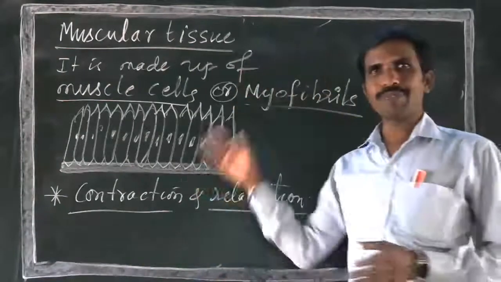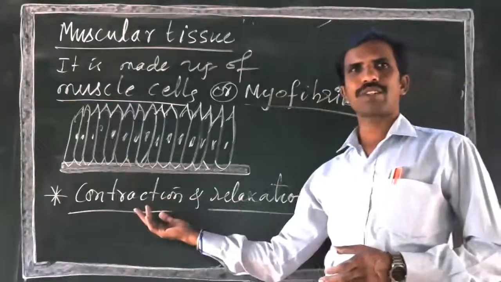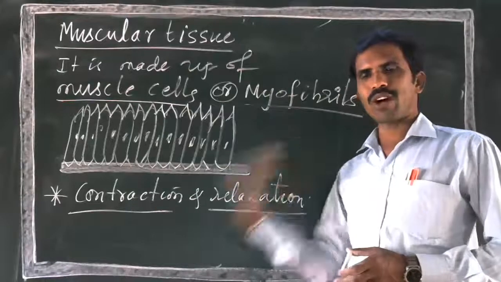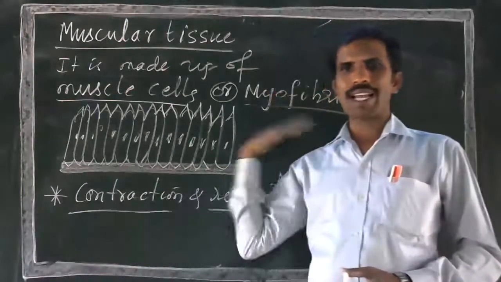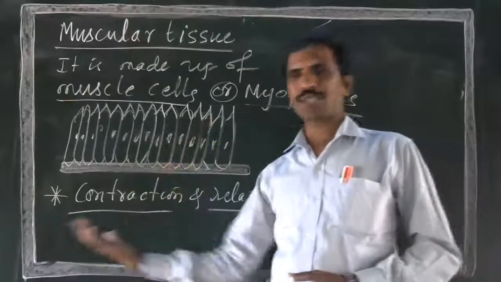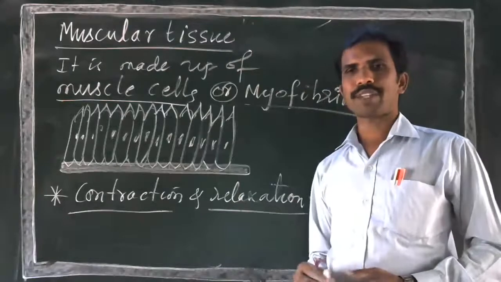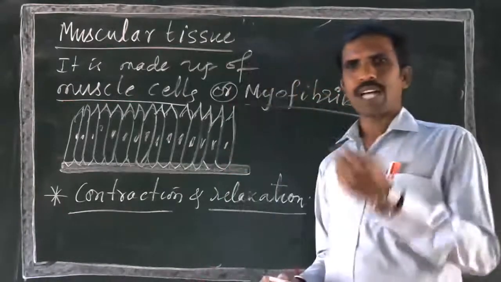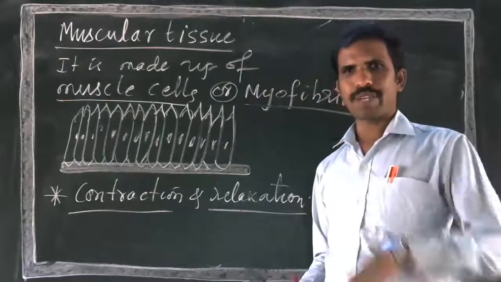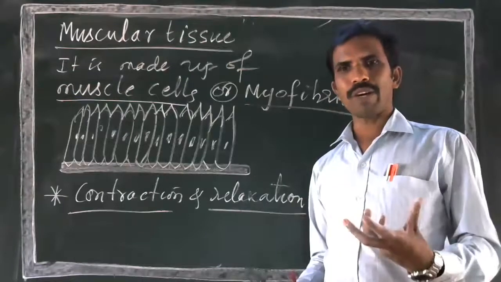That is because of muscular tissue, which has the special property of contraction and relaxation. I'm moving my hand like this, that is contraction and relaxation. Because of that only we can move, our heart pumps the blood, and we breathe. All these physiological activities happen in our body.